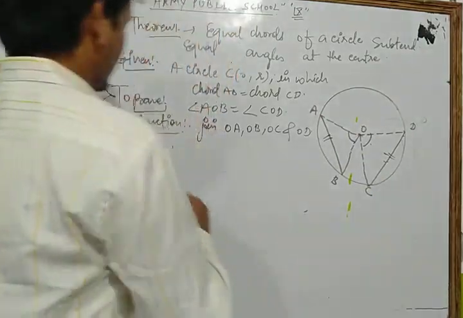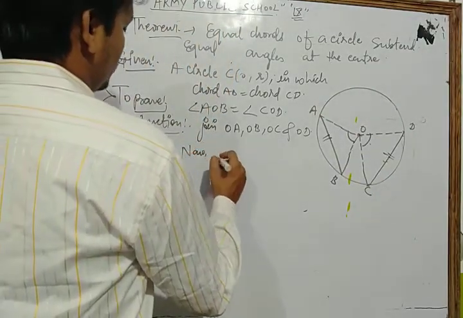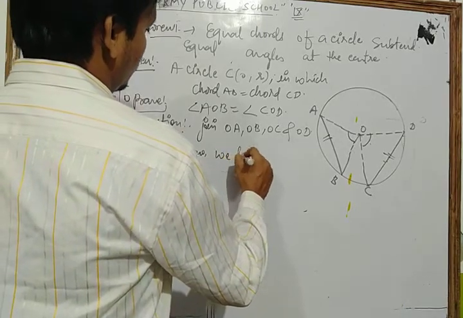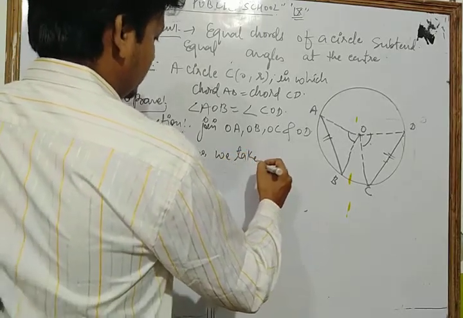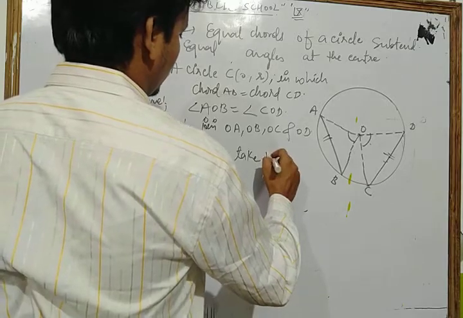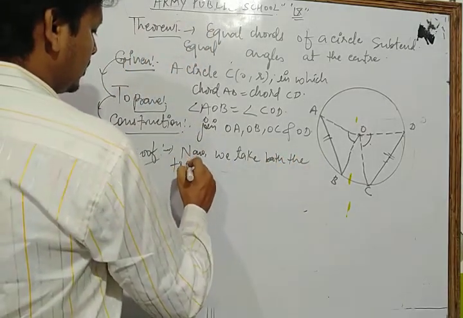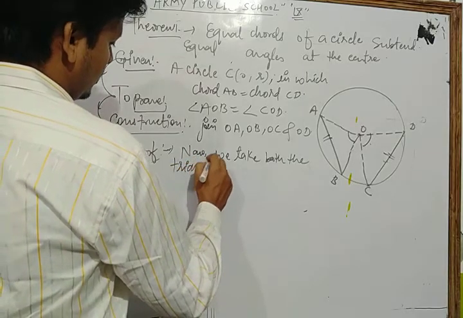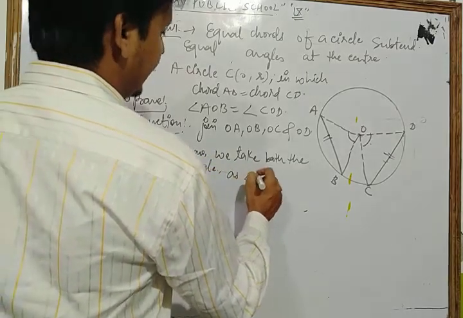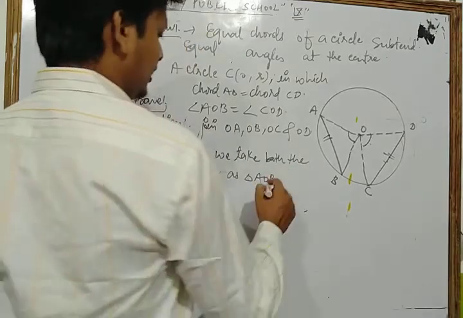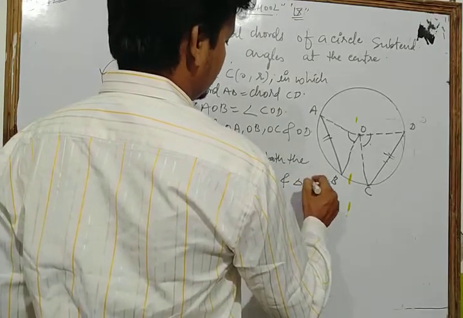We take both the triangles, triangle AOB and triangle COD.